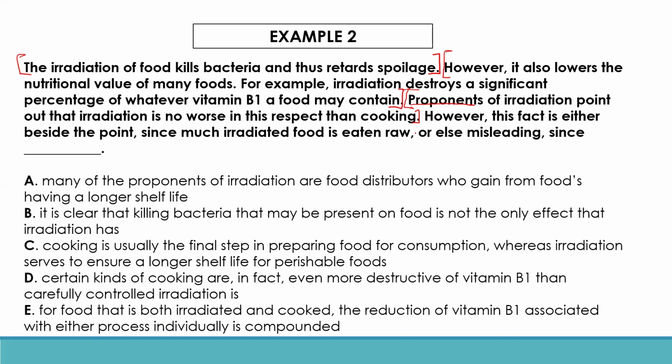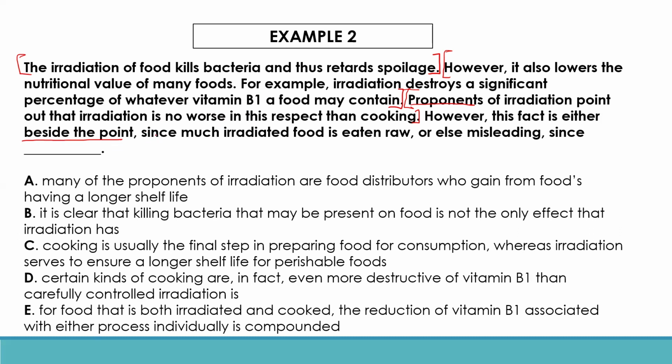So we're being told of two situations here. First of all, we're being told that this fact is beside the point, the fact being presented by the proponents, the proponents' line of thought or argument that is being provided in the third sentence.